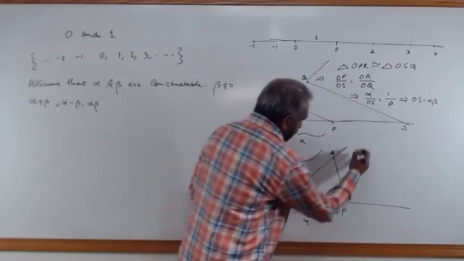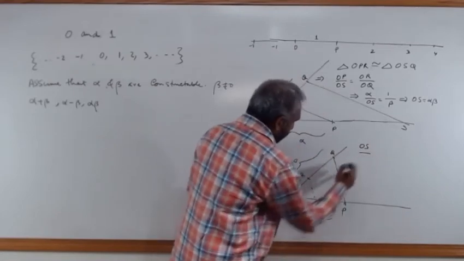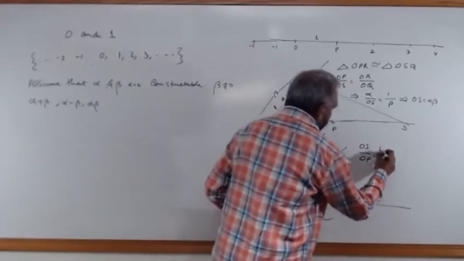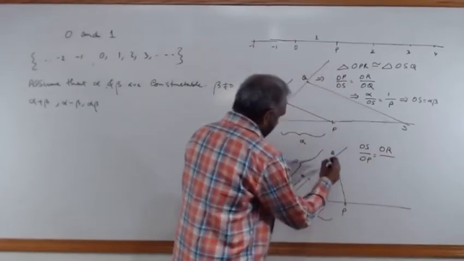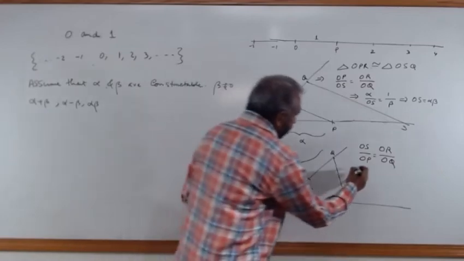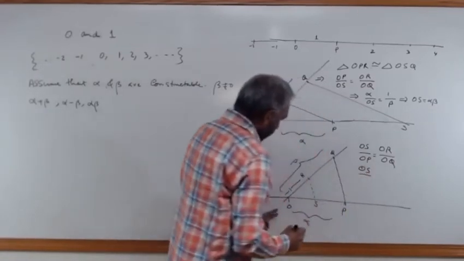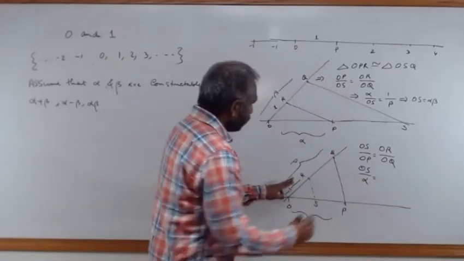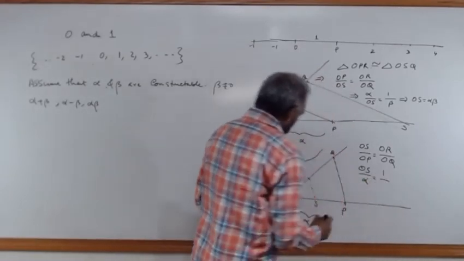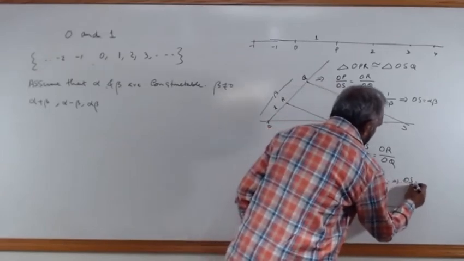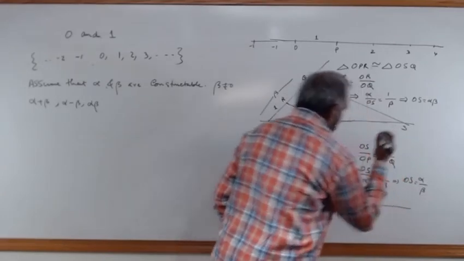So OS by OP is equal to OR by OQ. OS we don't know. OP is alpha. OR is 1. OQ is beta. That implies OS equal to alpha by beta.